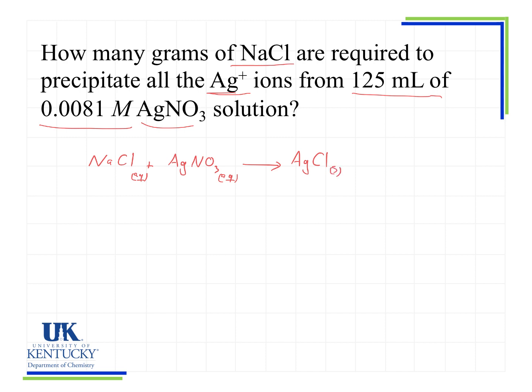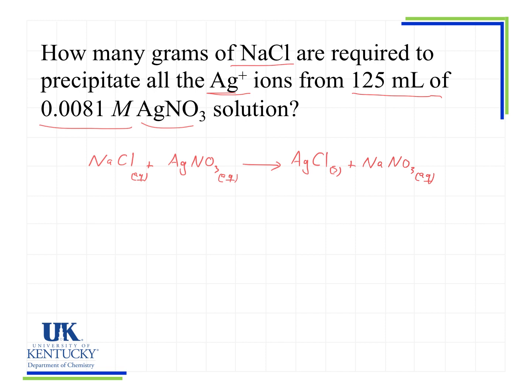So it makes silver chloride, and sodium makes a compound with nitrate, so we have sodium nitrate, and nitrates are all aqueous. Okay, so you have to check if it's balanced, and yes, it is balanced. So we have the balanced chemical equation.